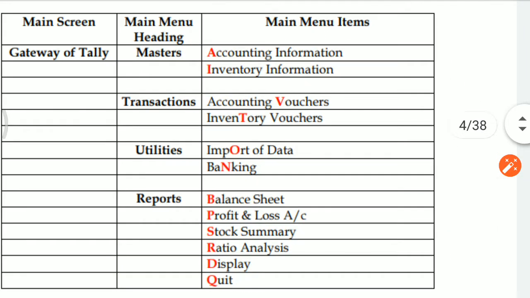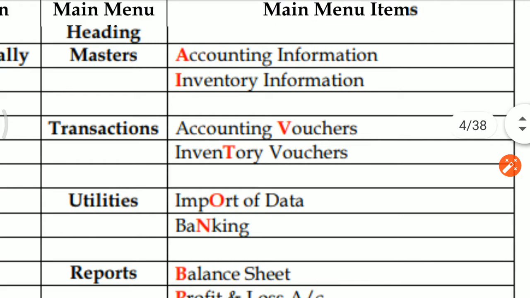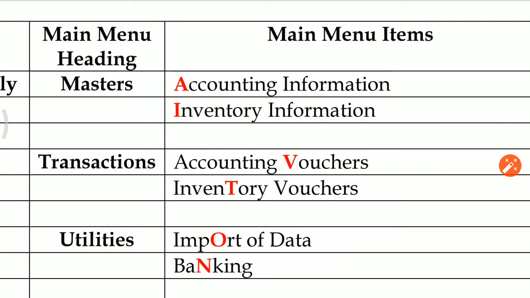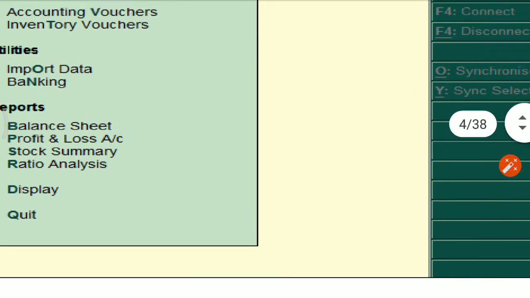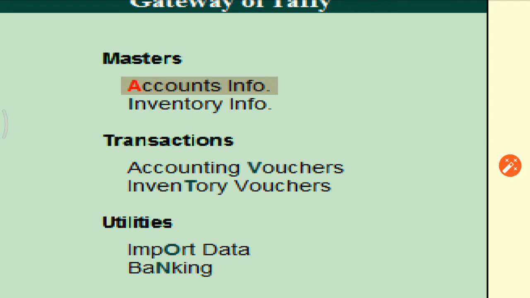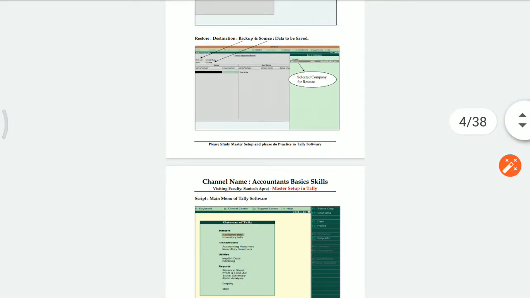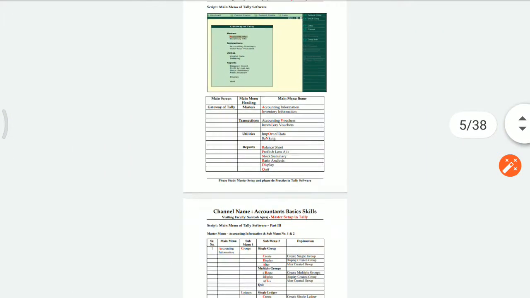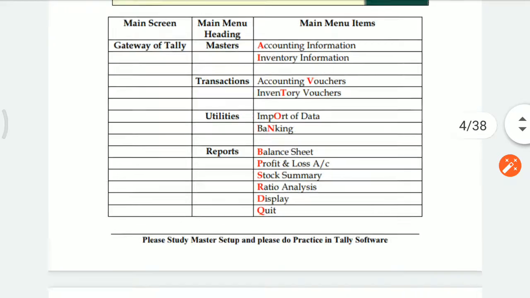Friends, just watch the screen, some characters are red. Its meaning is that here also you can see that in account information, A is in red character. This indicates that you can use a shortcut button.